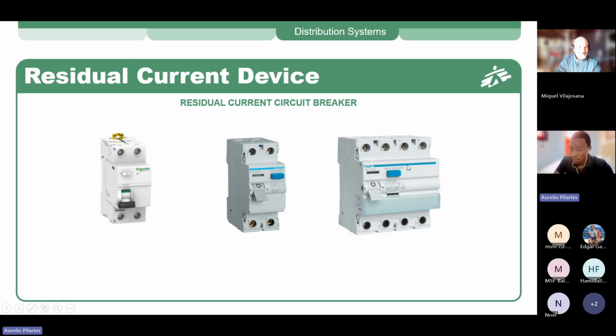So in our installations, we put 300 milliamps at the top, right after the main circuit breaker, for the whole installation, the main board. And then in the terminal boards, to protect all the circuits, we put 30 milliamps. The 30 milliamps is to protect people, because this is a threshold: if anyone gets an electrical shock with 30 or more milliamps, it could be very dangerous for the person.